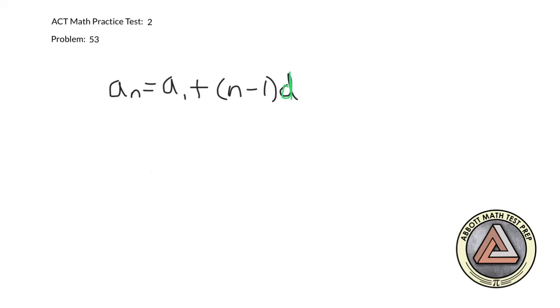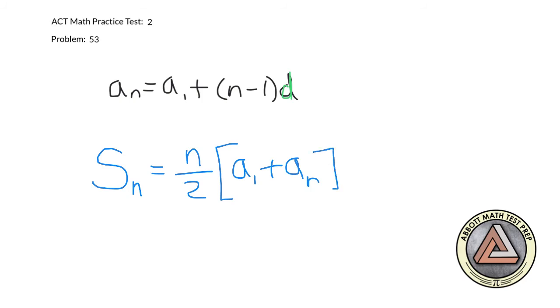Now, that's a nice formula. Another formula that you need is for the arithmetic series, which we could denote with an s sub n. That is going to be n over 2 times a sub 1 plus a sub n. Now, what is a series in the first place?